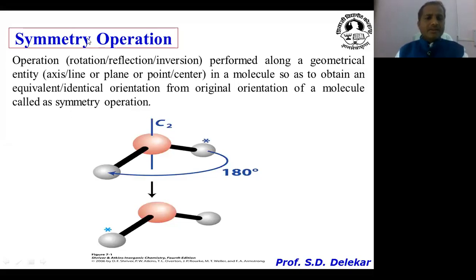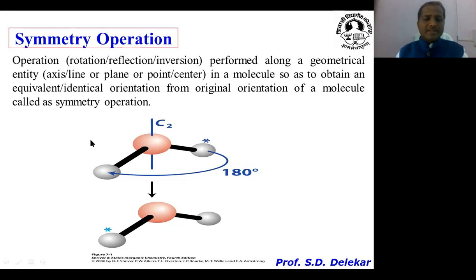Whenever we use symmetry as the prefix before the word operation, symmetry operation means any type of operation operated on a molecule for getting either an equivalent or identical orientation from the orientation of a molecule.